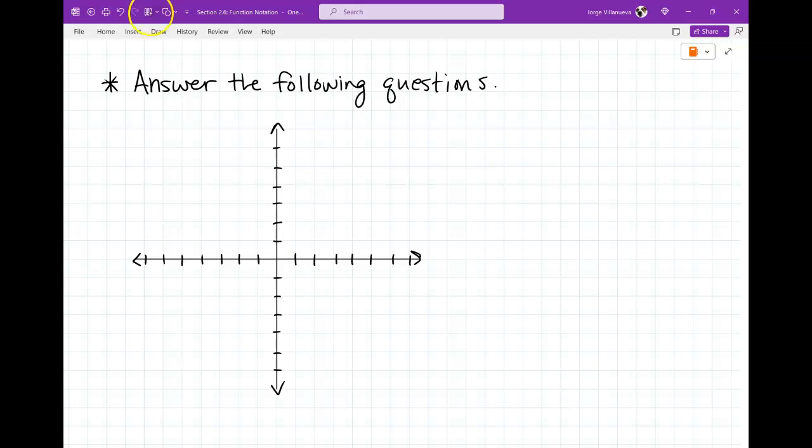So here we go. Let me put some dots, okay? We'll put a dot at 3, 2. I'll put a dot at -2, 5. I'm going to put 2 more dots, okay? I'm going to put a dot at 0, -4.